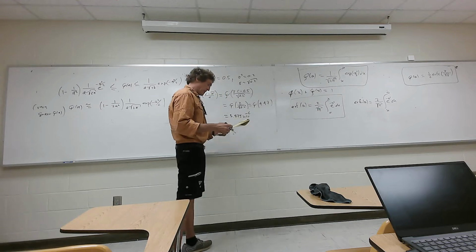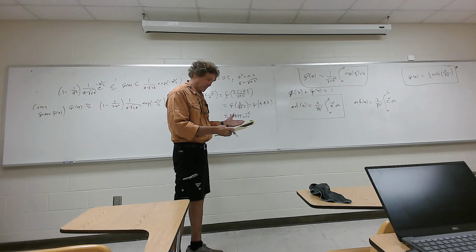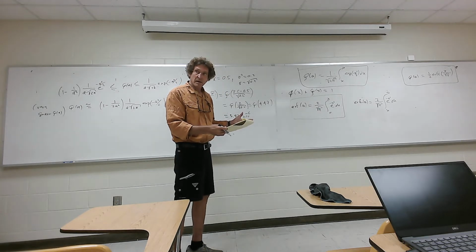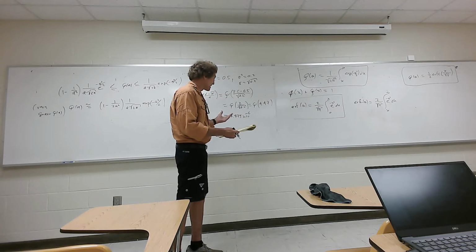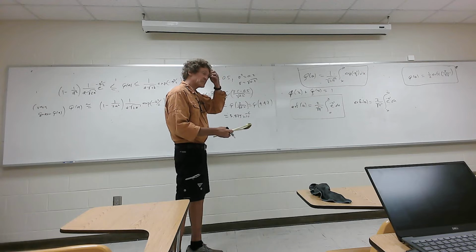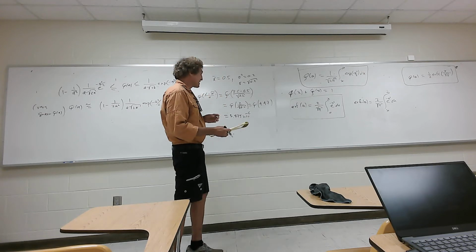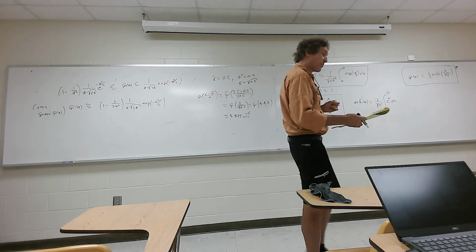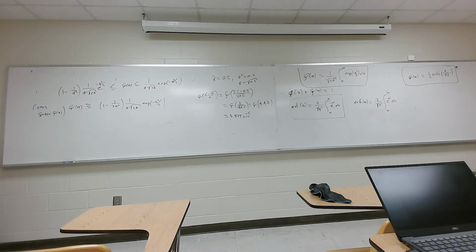All right, that's small by any measure, right? A very small probability. Now, can you see it in your tables? I'm just trying to make sure. That would be an argument of 4.47 for the Q function. And I got a table that says 0.3911 times 10 to the negative 5.